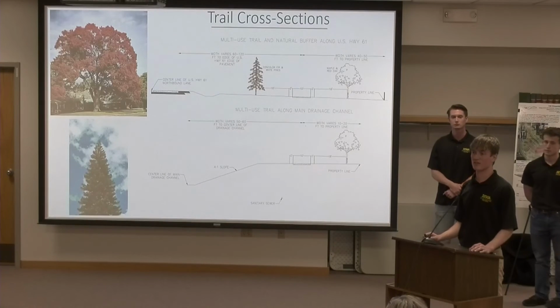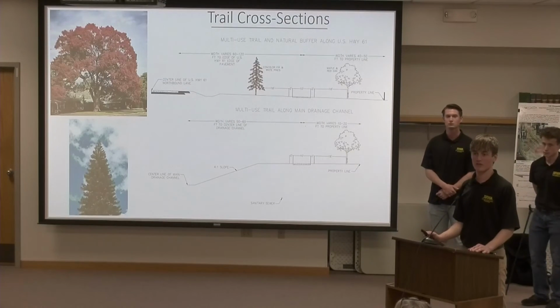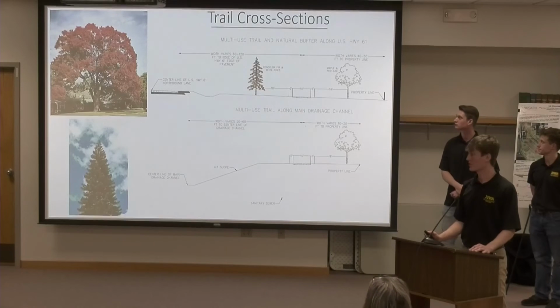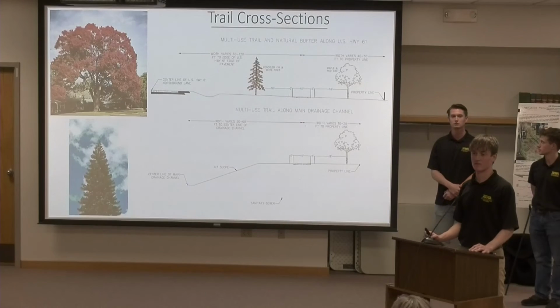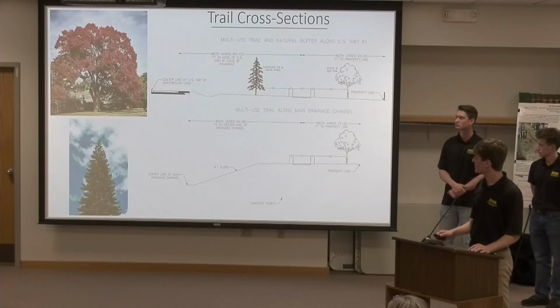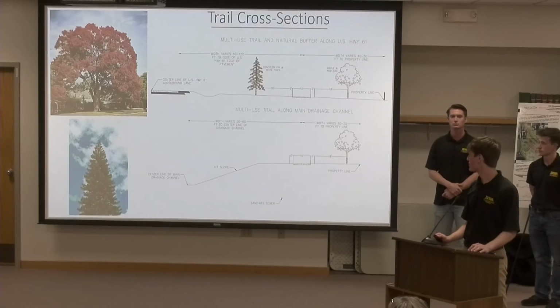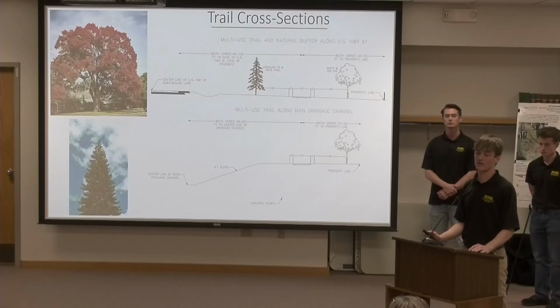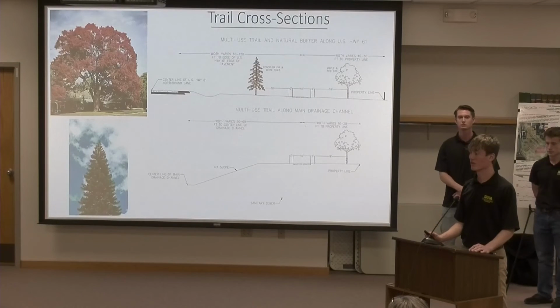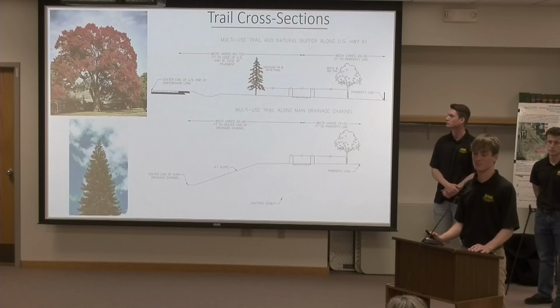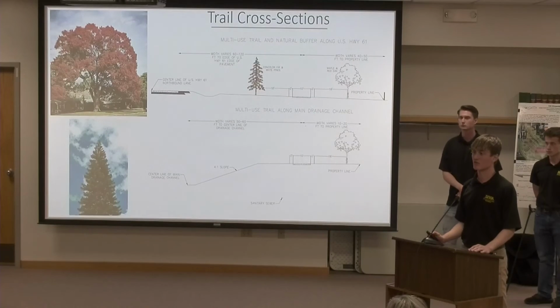The firs and pines keep their needles obviously all year, so that'll provide privacy year round. But then we wanted to add some color and some aesthetics with the oaks and the maples. These trees will be planted 20 feet off from the edge of the trail, and the goal of that is to prevent roots from growing under the trail, but then also for trees to have adequate space to grow, I guess.